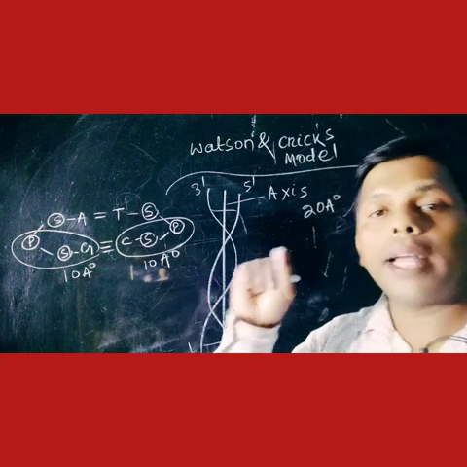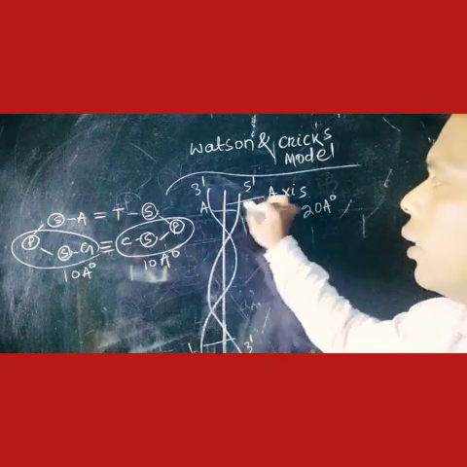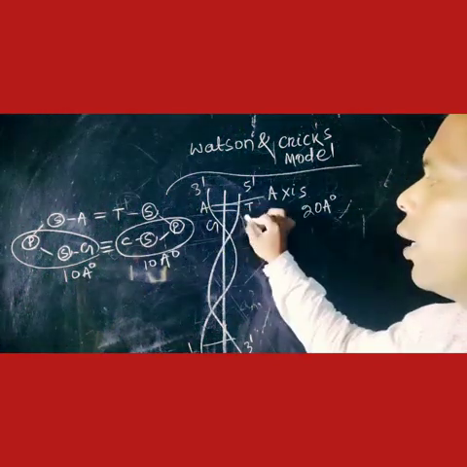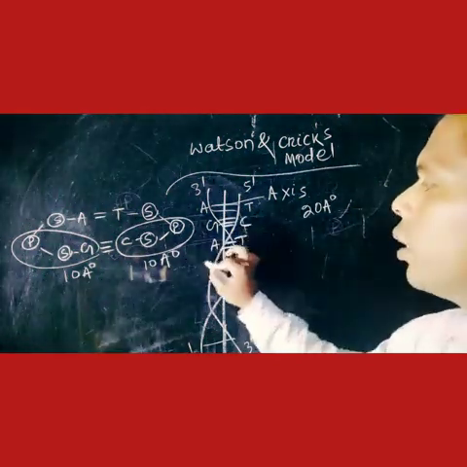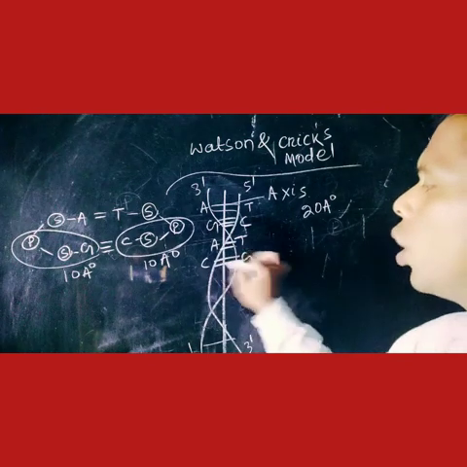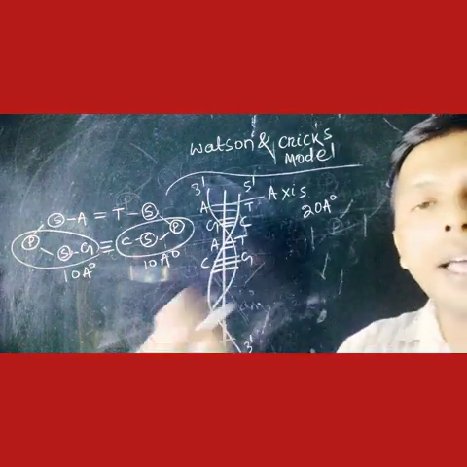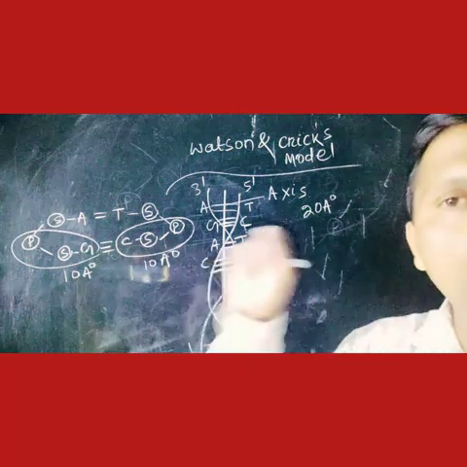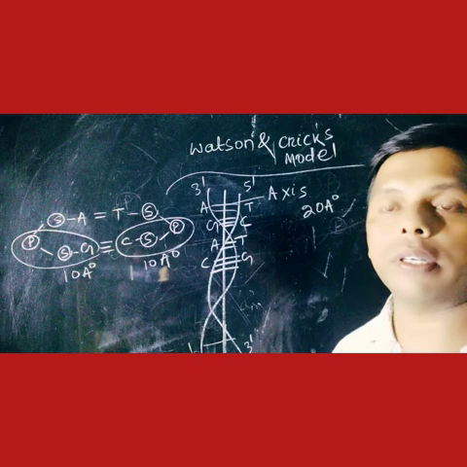Purine and pyrimidine bases are present alternately. Suppose adenine, here thymine, guanine with cytosine, adenine, thymine, cytosine, guanine. In this way, adenine pairs with thymine by double bond, guanine pairs with cytosine by triple bond.